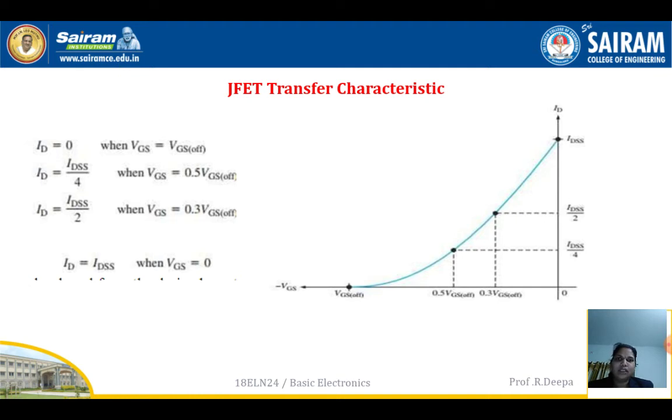So for safe operation of the JFET, we make use of this transfer characteristics, and we need to see that the input voltage VGS is within the limit of 0 to VGS off, and the obtained drain current will be from 0 to IDSS maximum.